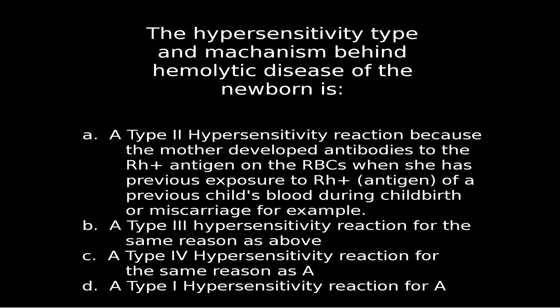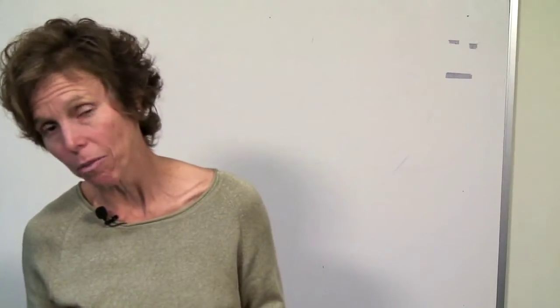A, type 2 hypersensitivity reaction because the mother developed antibodies to the Rh positive antigen on the RBCs when she had a previous exposure to Rh positive antigen of a previous child's blood during childbirth or miscarriage. So what happens is, as you well know, there shouldn't be an IgM cross from mother to fetus when you're in the womb, but you do get a cross of IgG.